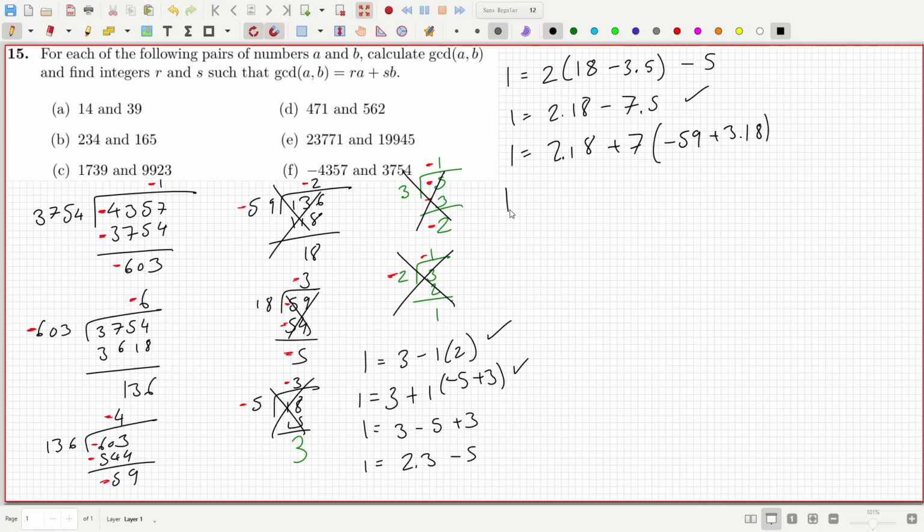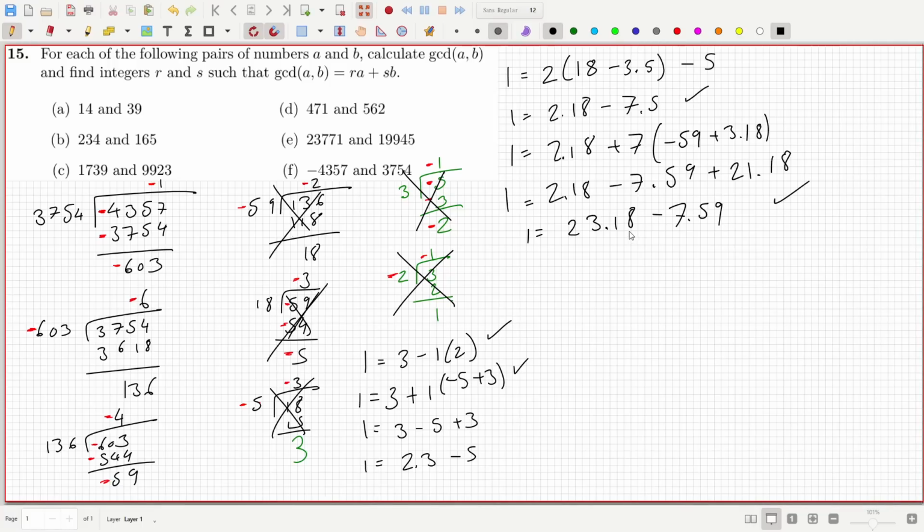So that's 1 equals 2 times 18 minus 7 times 59 plus 21 times 18. So that's 1 equals 23 times 18 minus 7 times 59. Let's see if that's still right. Yes, that's still 1.